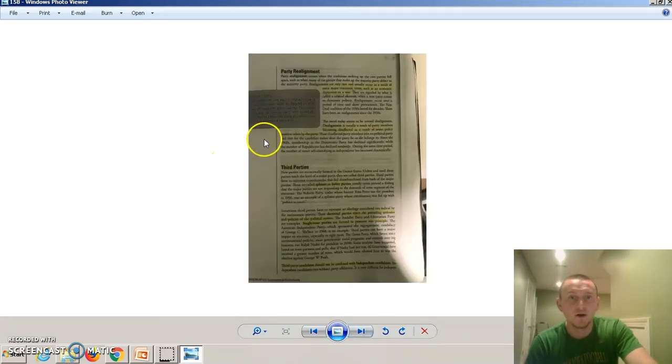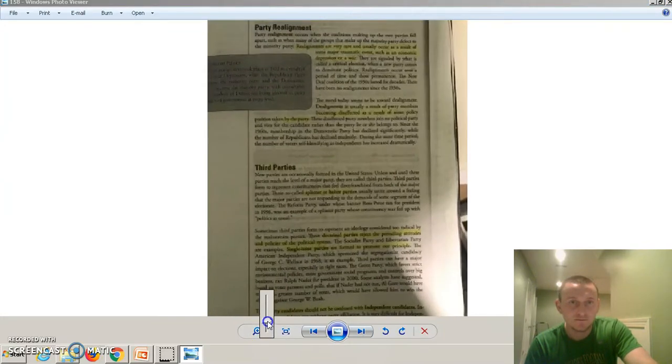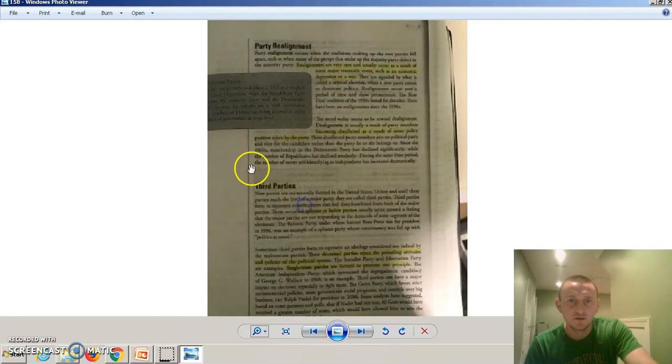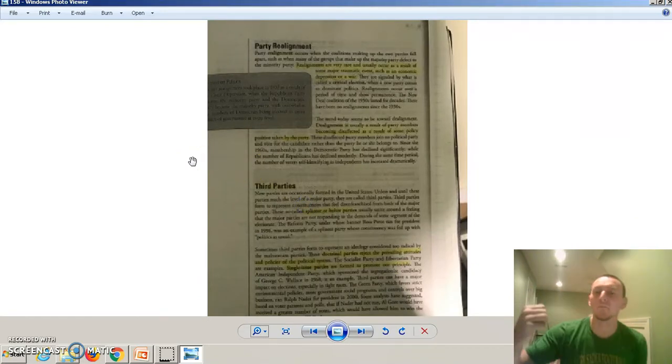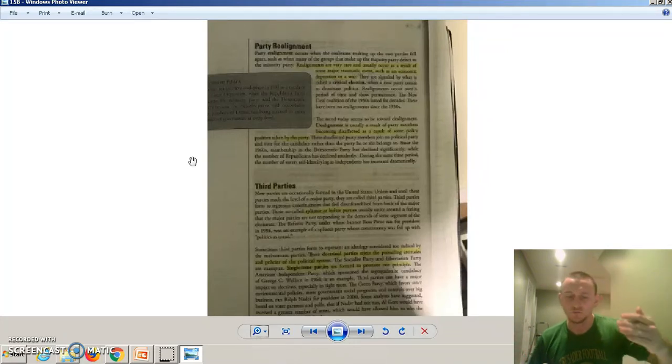Party realignment versus de-alignment. I'll just go ahead and tell you, party realignment: the Republicans now are what the Democrats used to be. That's easy as it is. Every now and then, the parties realign to a new party. Read through this. De-alignment is a little different.